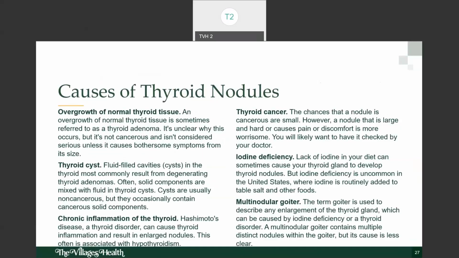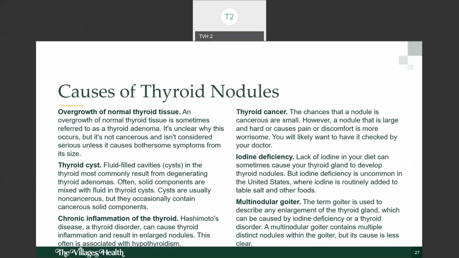As it continues to grow, it may or may not cause symptoms, but it's a potential cause of thyroid nodules. Another cause could be a thyroid cyst, which is a fluid-filled space in the thyroid, most commonly from degenerating thyroid adenomas. So if there is an overgrowth, then you potentially could develop a cyst.